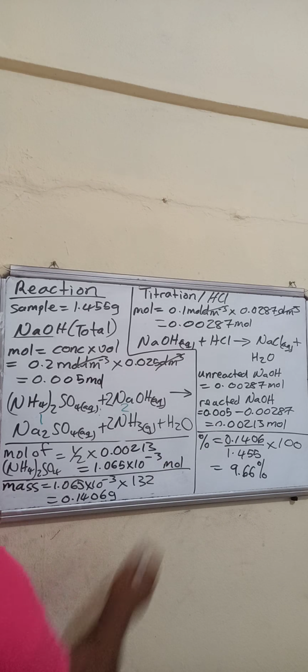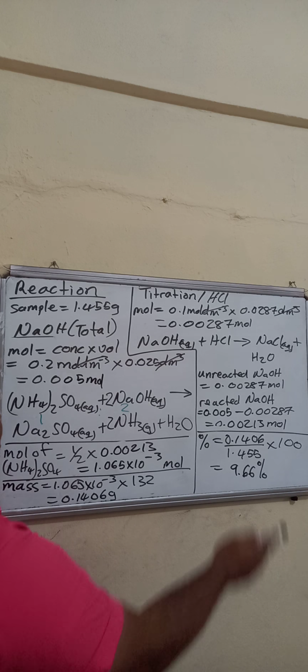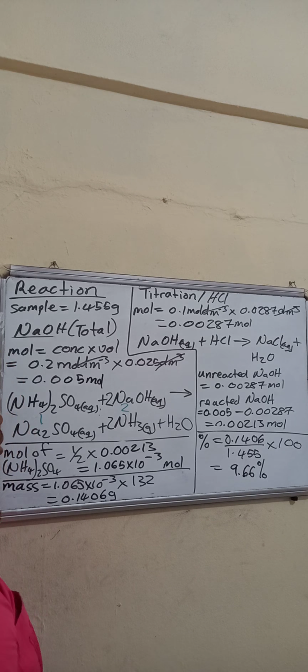So that is what you come now and find. Use back the mole ratio, get the mole of the ammonium sulfate, mole times RMM, that gives you the mass. And of course, percentage is mass over the mass of the sample. Mass of compound over mass of sample times 100.